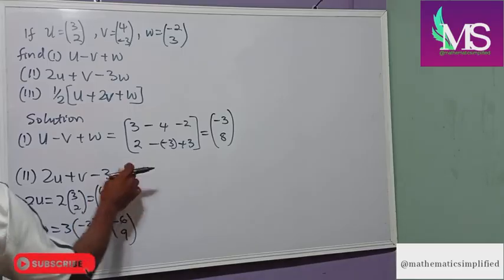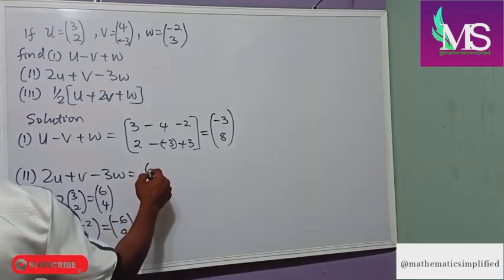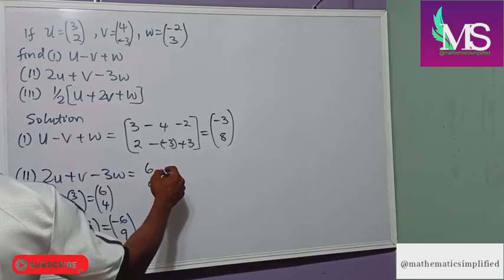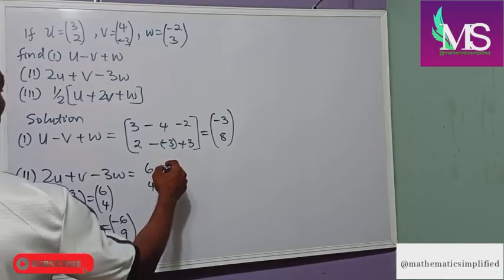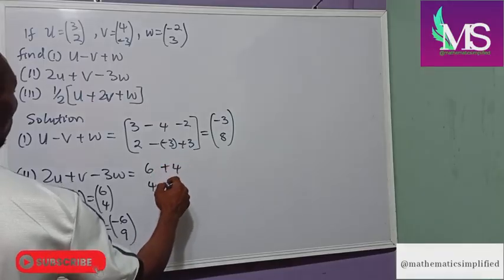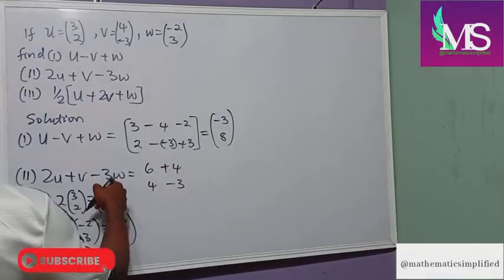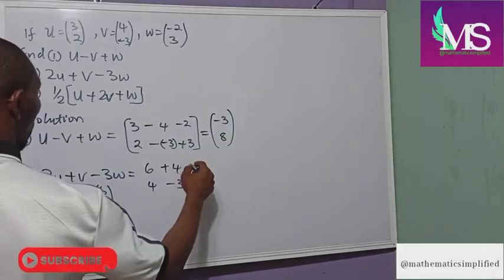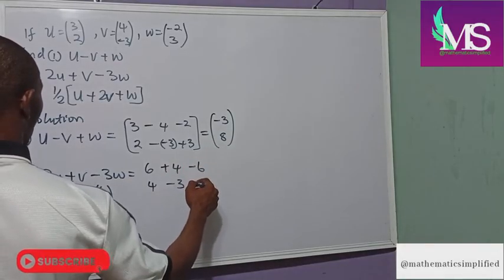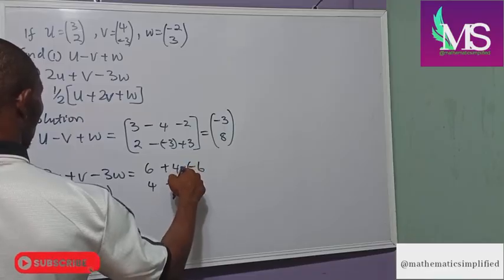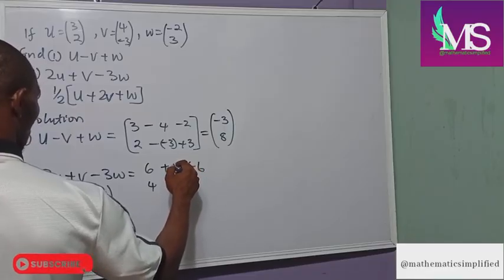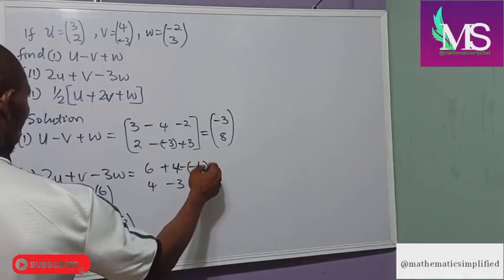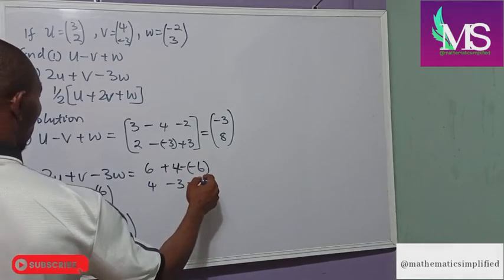Now replacing it in here, our 2u is (6, 4). V still remains plus (4, -3), and our 3w will become minus (-6, 9).